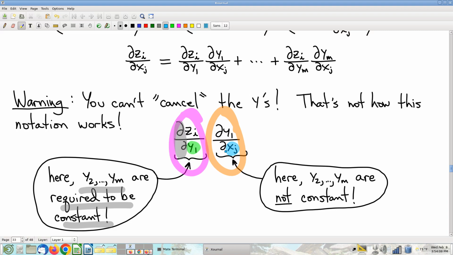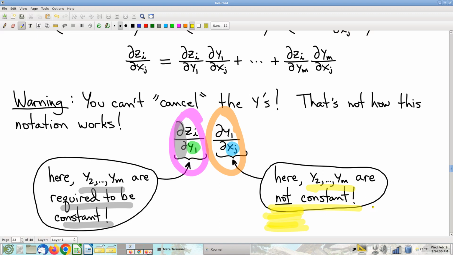So the y variables will not be constant. So these are totally incompatible scenarios. What's going on in this purple thing and what's going on in this orange thing are different stories, different scenarios.